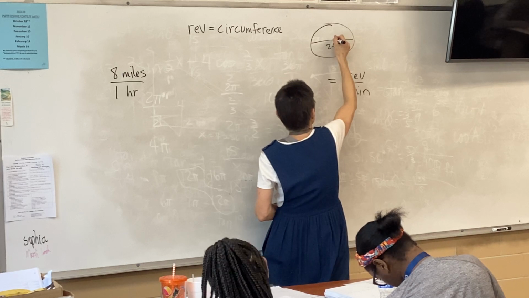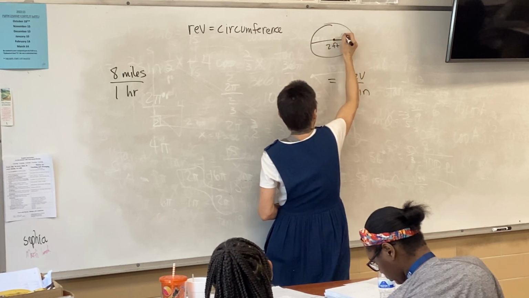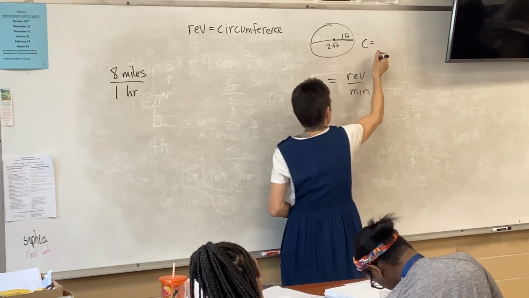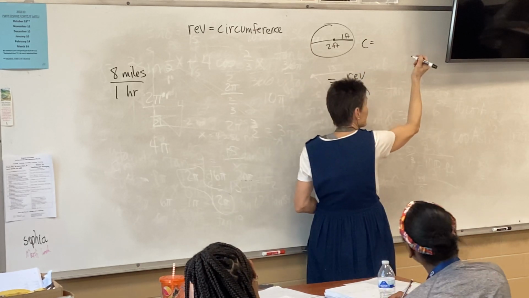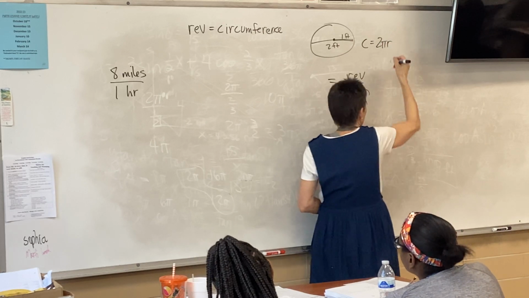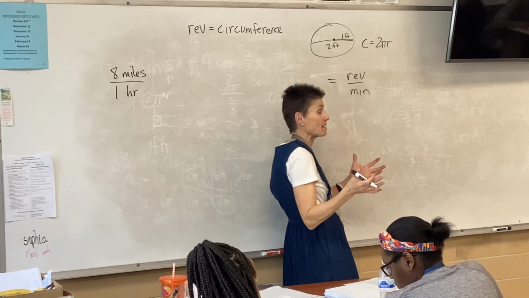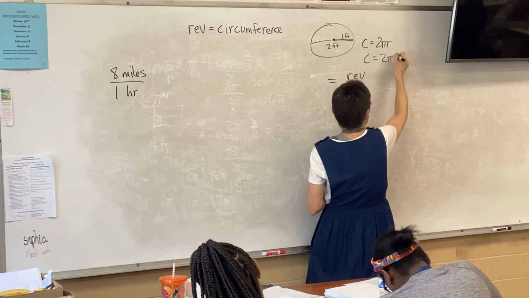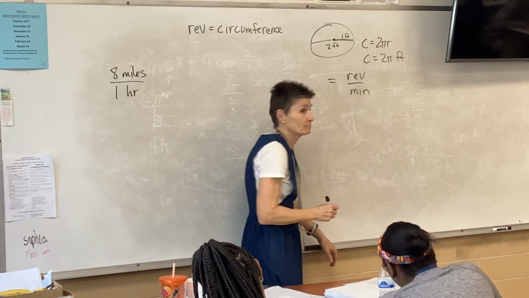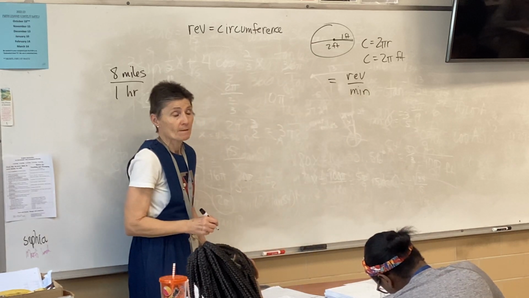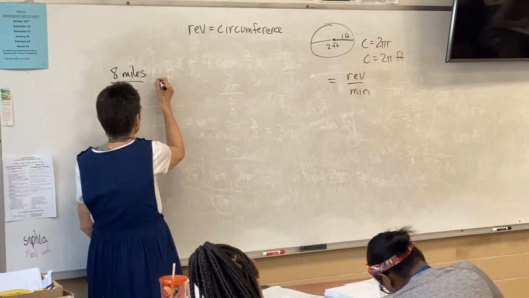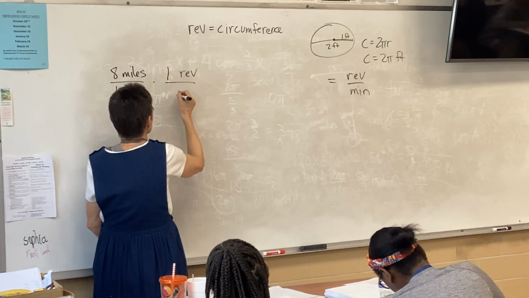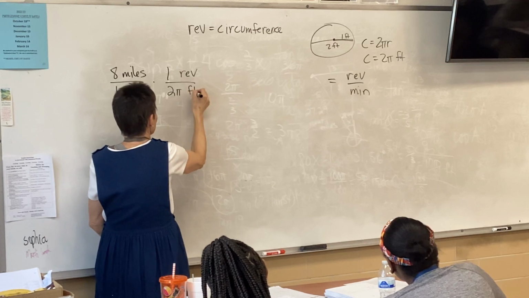What's the radius? 1 foot. How do we find circumference? Well, pi d or 2 pi r. I actually always think of it as 2 pi r, but that's the same as pi d. So since the radius is 1, a circumference is 2 pi feet.